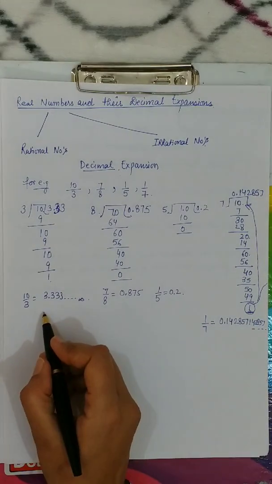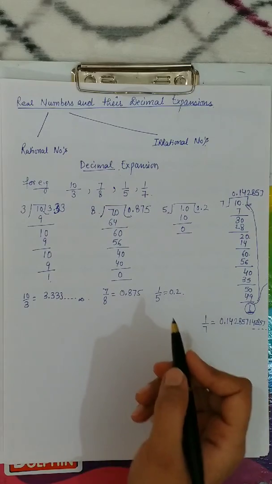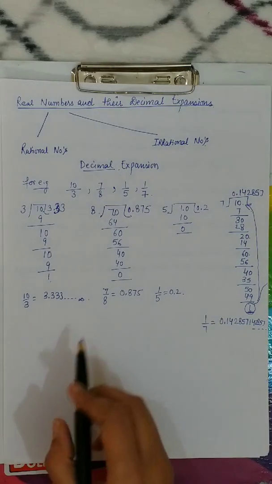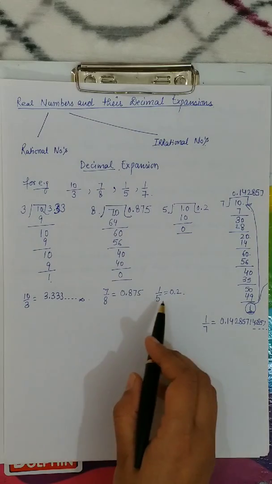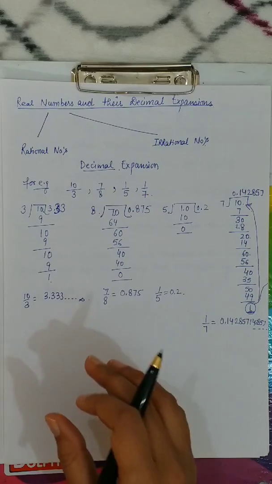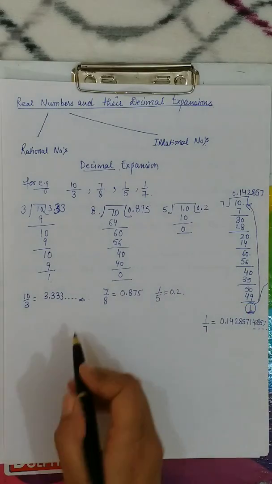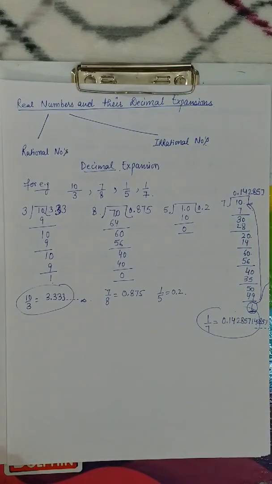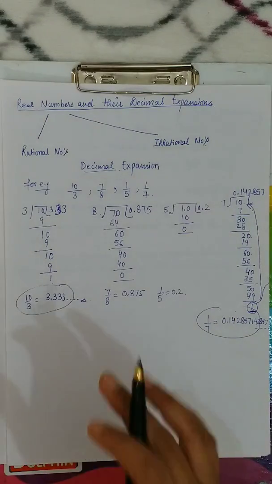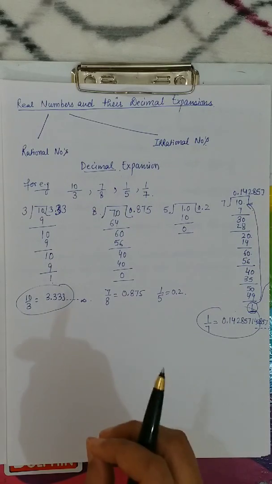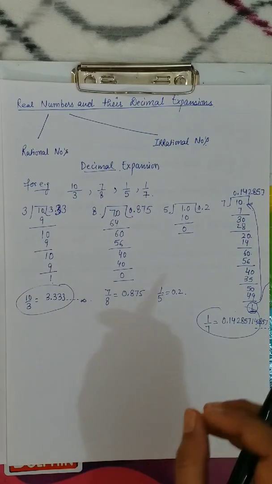Now look at their decimal expansion. What you have noticed in the decimal expansion of 7 by 8 and 1 by 5 is that after a certain stage the remainder becomes 0. But in the expansion of 10 by 3 and 1 by 7, the remainders start repeating themselves. When the remainder repeats, we get a block of repeating digits.